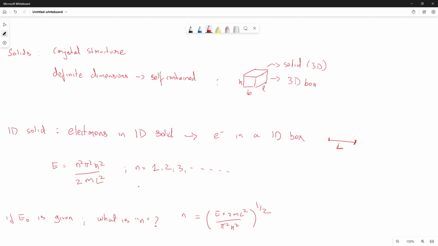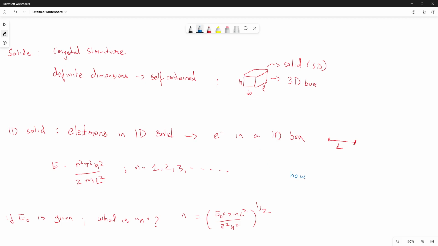So this is good. So this is n. Now I'm going to ask a slightly different question, and that question is this. Now this is n. And by the way, this is not just E, the given value of energy was E naught. So this is E naught.